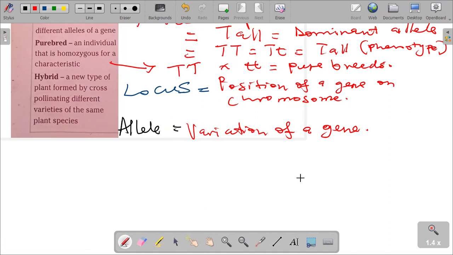I think these terms are going to help us in the definition and understanding of the calculation that we are going to do now. We want to go and talk about genetic crosses.